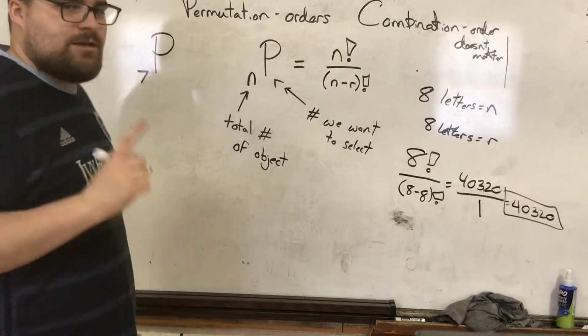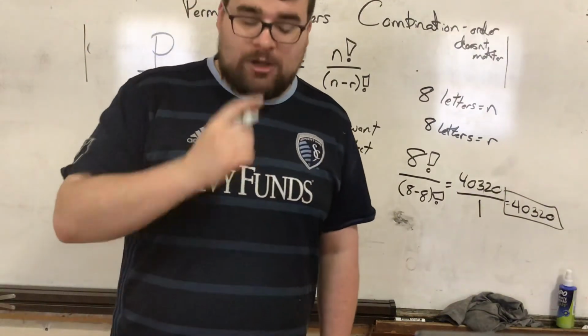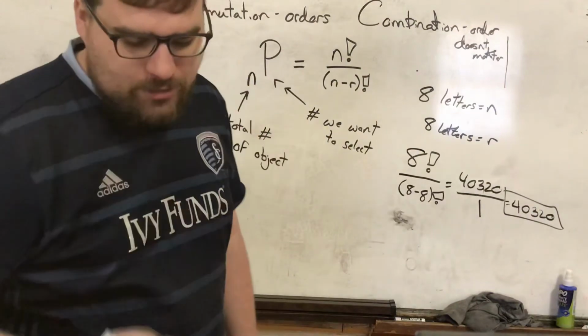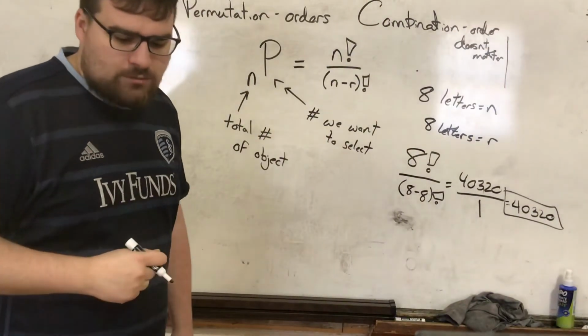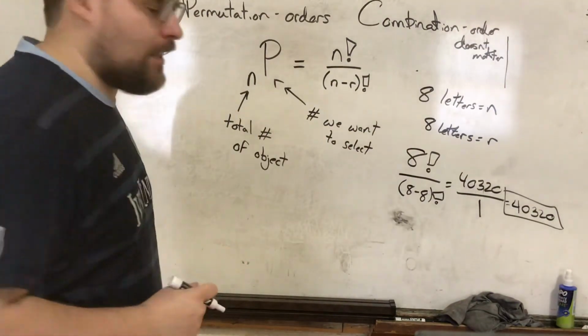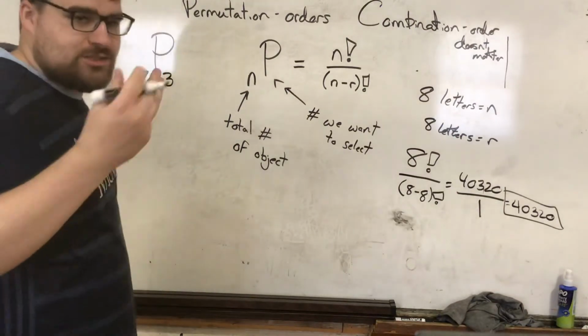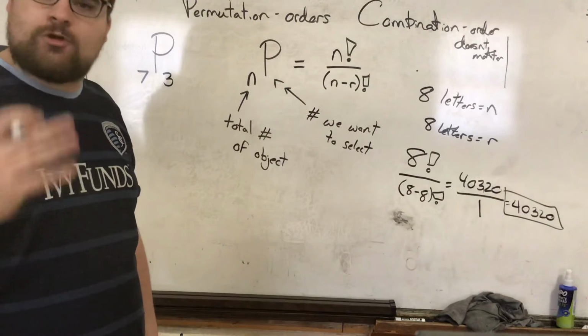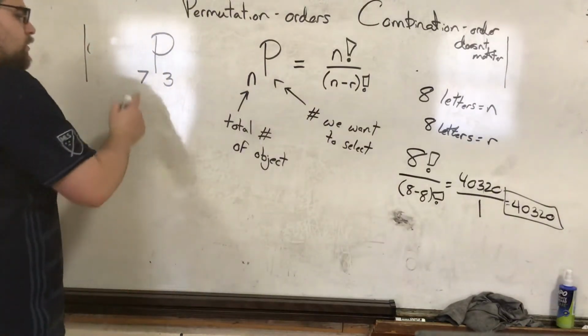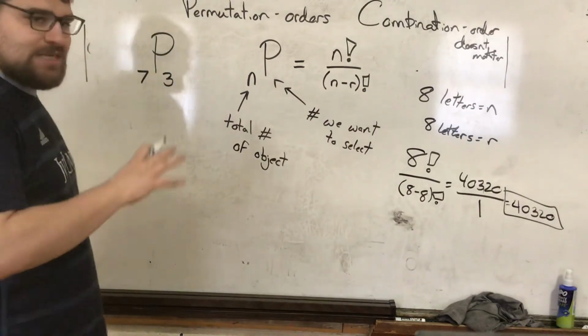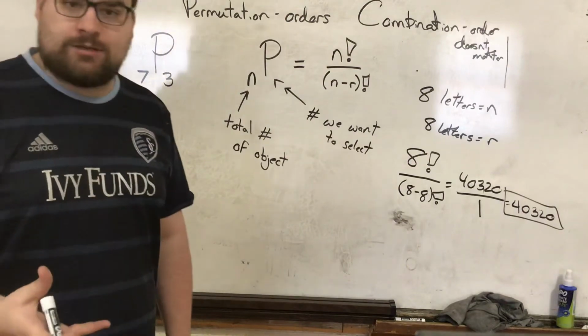Of those 7, how many do we care about? How many are we trying to find the places of? 3. First, second, and third. And again, this is a permutation because first is different than second and it's different than third, so order matters. So 7P3 is a shorthand way of writing this.